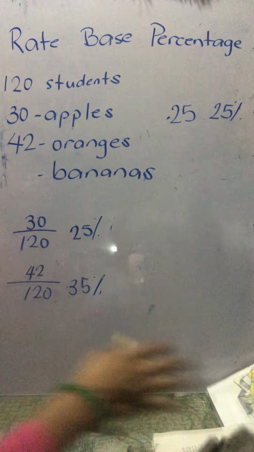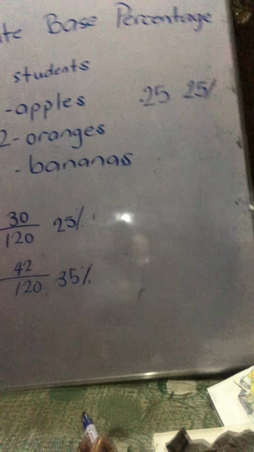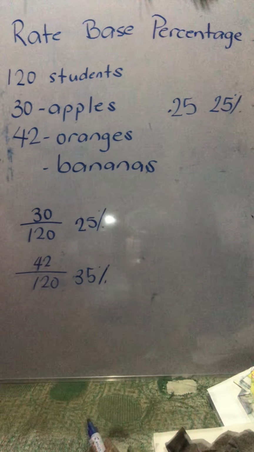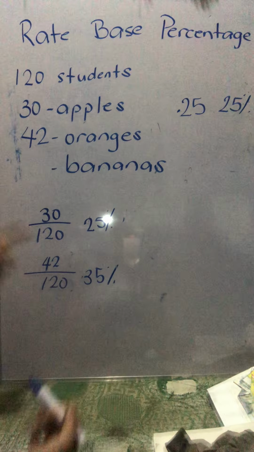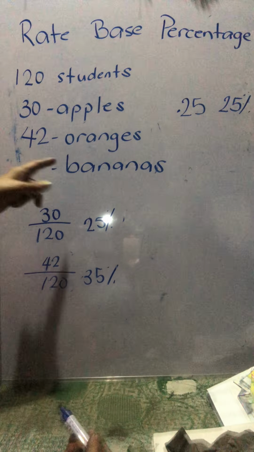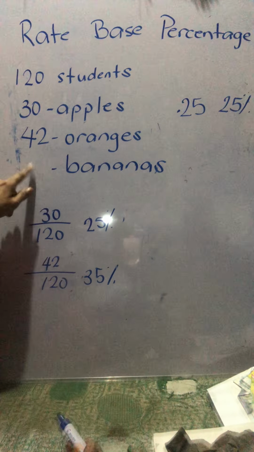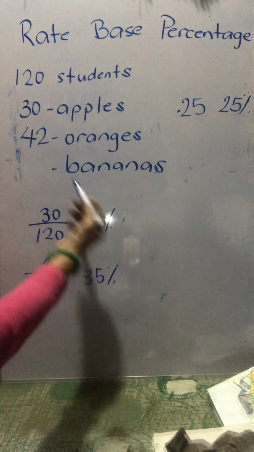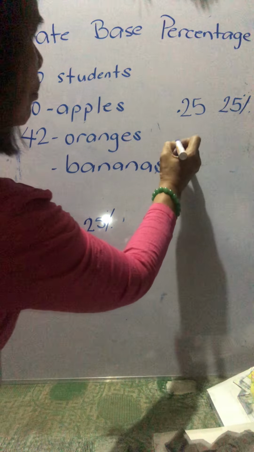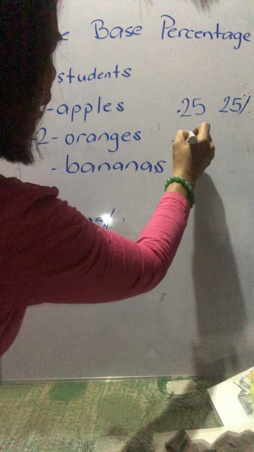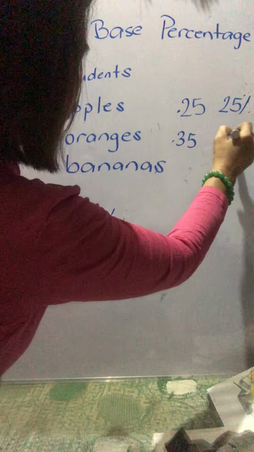Again. So sabi niya, if you have here 25 plus 35%, hinahanap natin how many percent for the bananas. So here, for the oranges, we have here 0.35 or 35%.